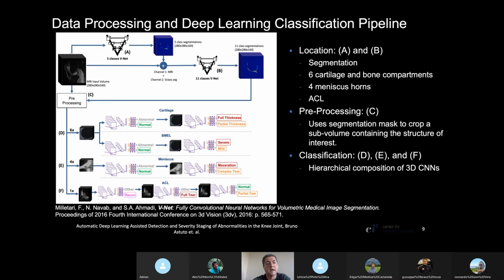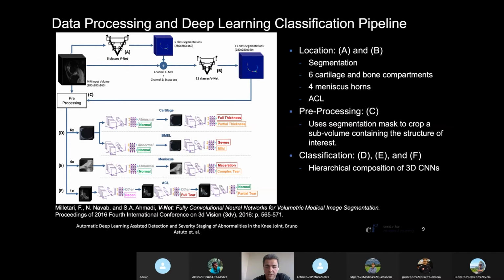We used the original input of the 3D MRI and the 5-class segmentation as a second channel, and the output is we trained with 11 labels, which is cartilage of the patella, medial and lateral tibia, medial and lateral femur, trochlea, the 4 meniscus horns, and background. So 11 classes total.